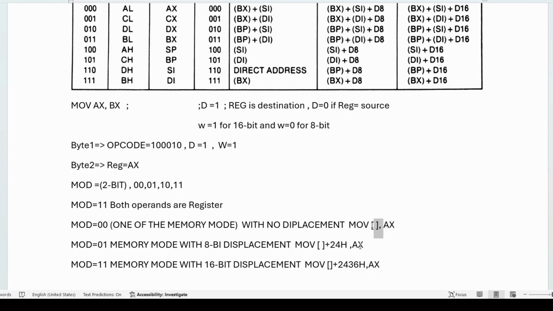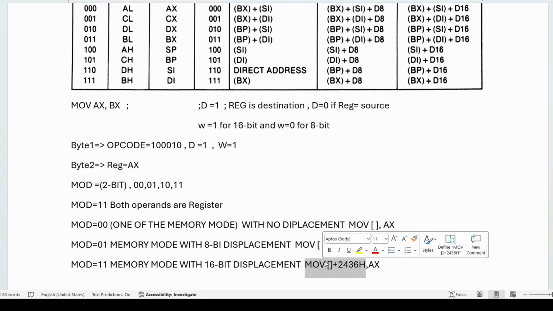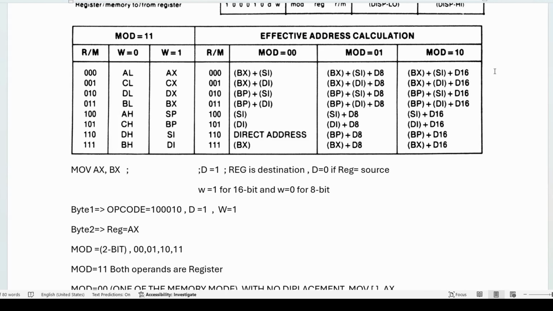In the first instruction, you see only memory mode, there is no displacement. In the second one, there is memory mode plus 8-bit displacement. And in the third example, memory mode plus 16-bit displacement. You don't need to memorize it, it is actually given over here in this table.